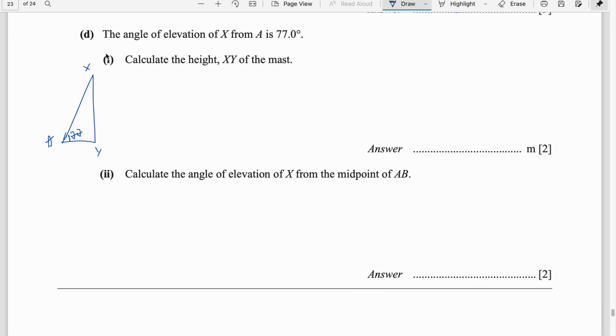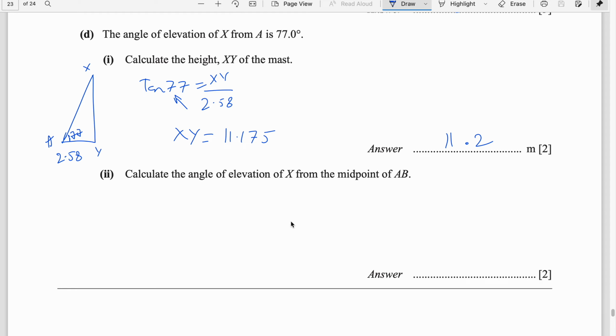Calculate the height XY of the mast, and we already have AY as 2.58. So calculating the height, tan of 77 is perpendicular over base. Multiply these two. XY equals 11.175, approximately equal to 11.2.